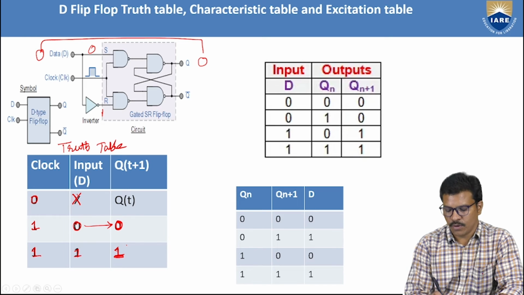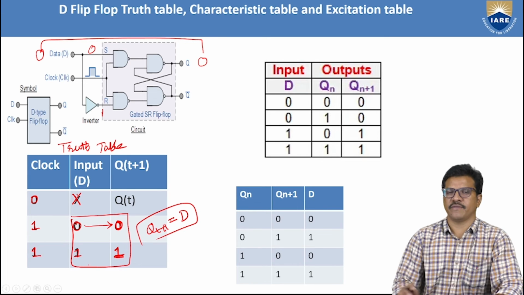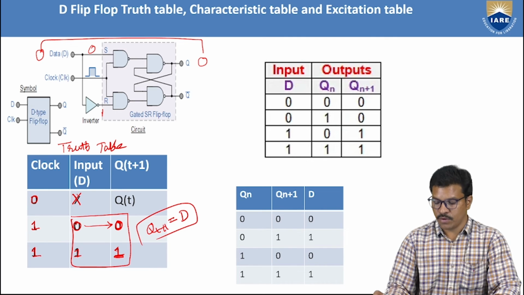So the next state Qn plus 1 is equal to simply D, just passing the D value to the output.